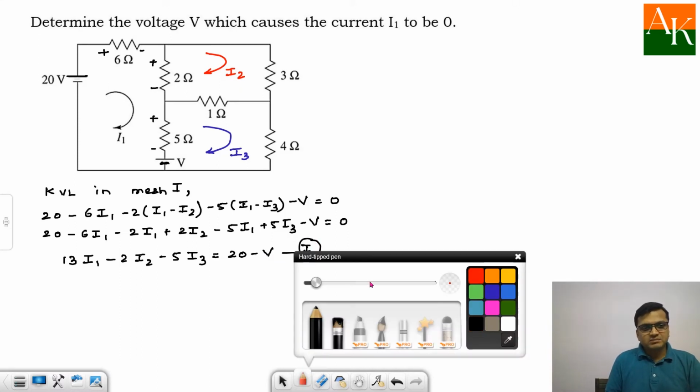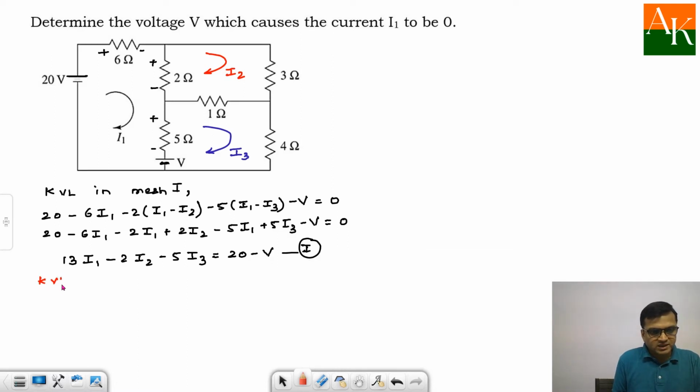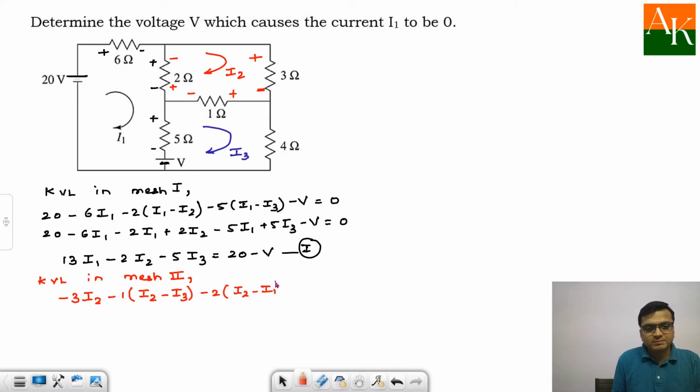Now I will apply KVL in mesh 2. Before applying KVL in mesh 2, you have to assign the sign for the voltages: plus minus and plus minus. I am starting at this point, minus 3 times I2, go ahead, minus 1 times I2 minus I3, then minus 2 times I2 minus I1, and you have completed the loop. So that is equal to 0.